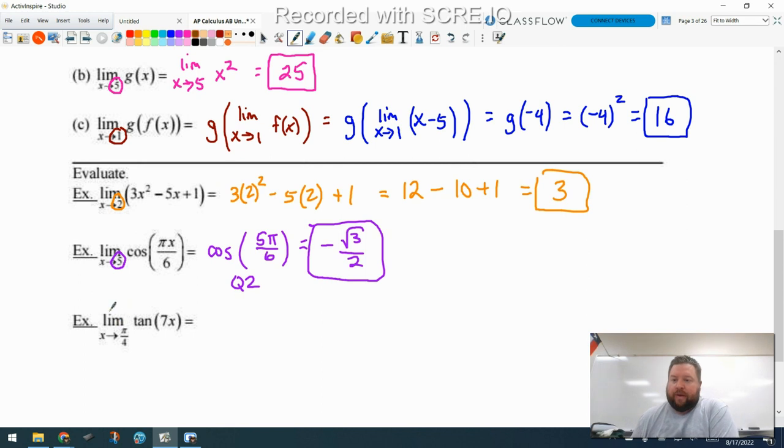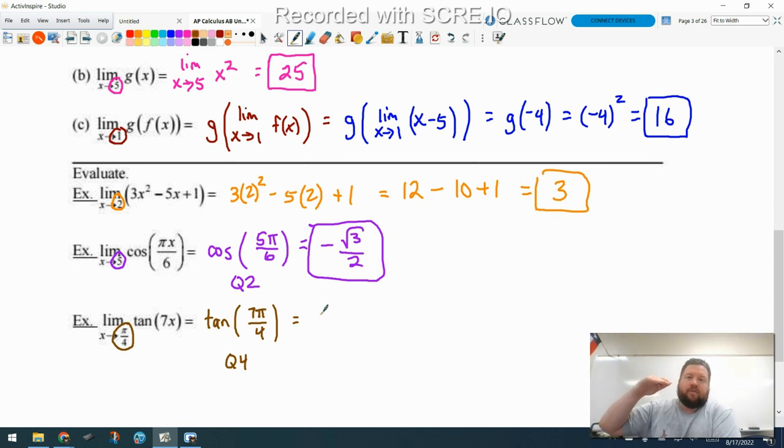All right, next one, we have the limit as x approaches pi over 4. So we end up with tan of 7 pi over 4. All right, that is in quadrant 4. So I know tangent is sine divided by cosine, and sine and cosine have different signs. So sine is positive. Actually, sine is negative. Cosine is positive.